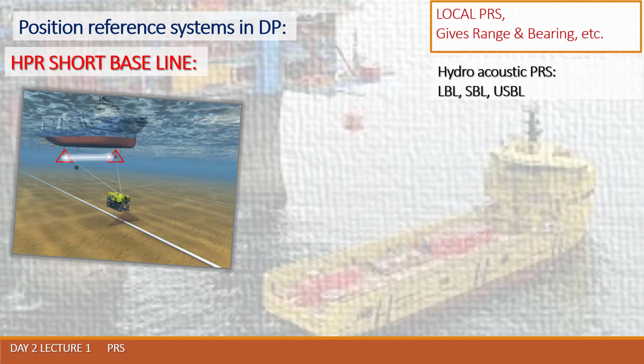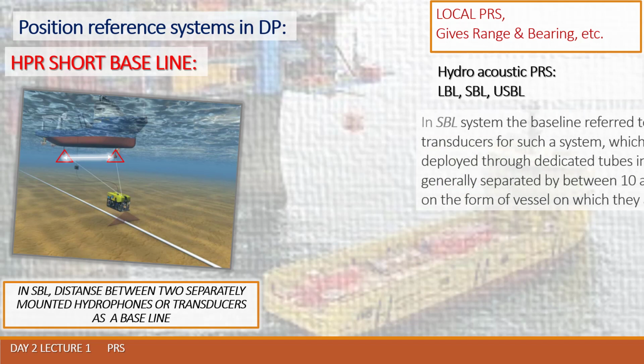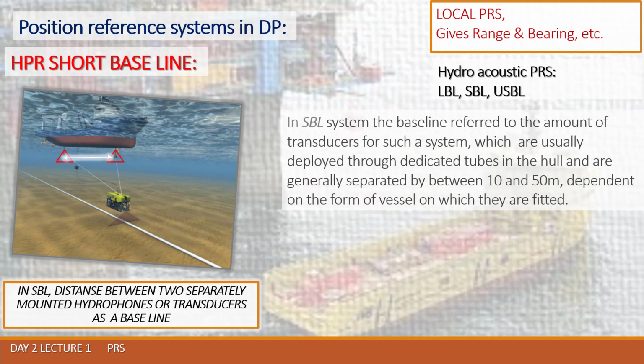In short baseline systems, the baseline refers to the spacing of transducers, which are usually deployed through dedicated tubes in the hull and are generally separated by between 10 and 50 meters, depending on the form of the vessel on which they are fitted, and they create a rectangle on board of the vessel.